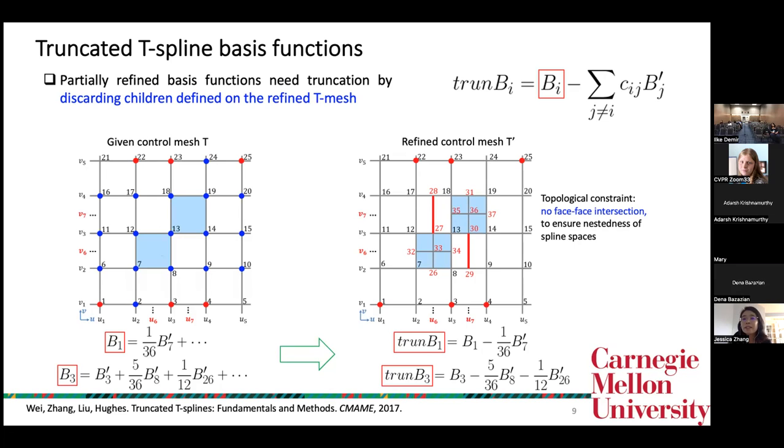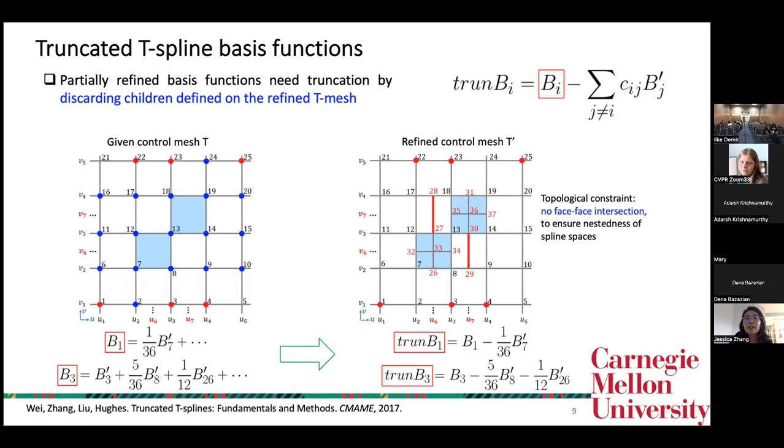After that, we check which basis functions are partially refined, which means they are between two different resolutions, so they need to be truncated. All the blue ones are in the final level, so we don't need to truncate them, but for all the red ones, we need to truncate the basis functions in order to preserve the partition of unity property. Then we need to detect which children basis function has a duplicated contribution, and we remove that from those basis functions to be truncated.